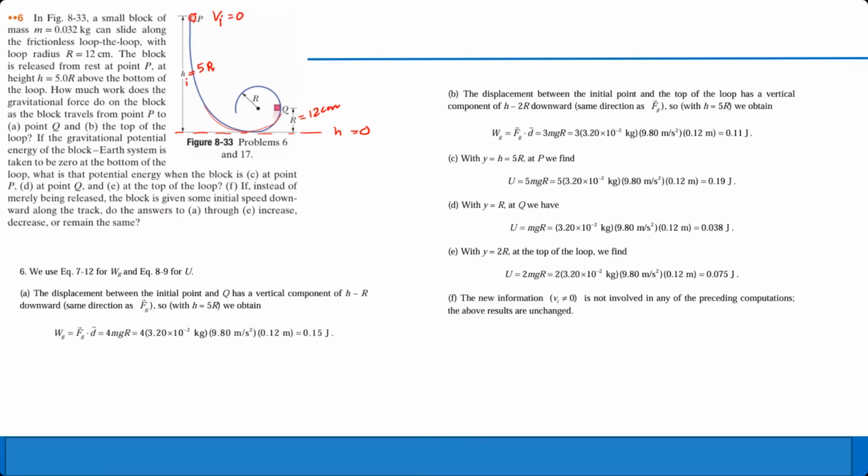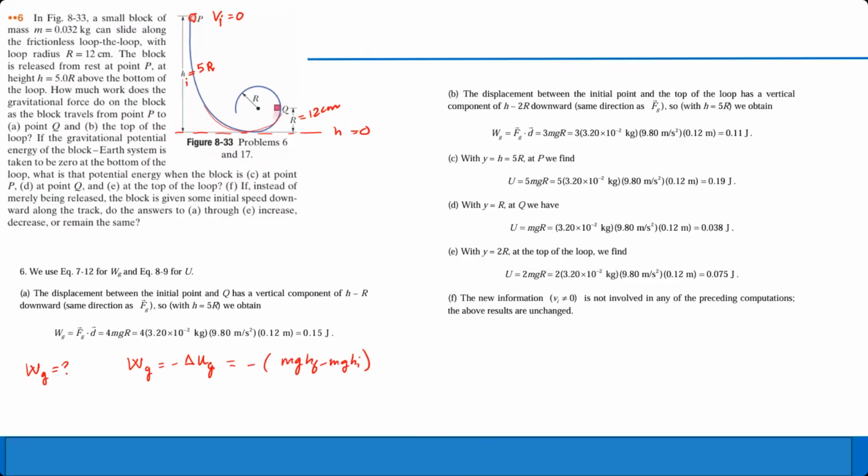What's the question? How much work does the gravitational force do on the block as the block travels from P to Q? So we want the work done by gravity. One way to think about it is, I'll just say the work done by gravity is minus delta U G, and minus delta UG is just mgh final minus mgh initial.